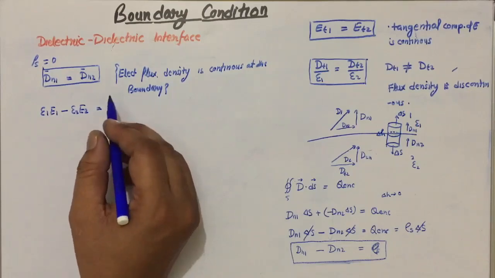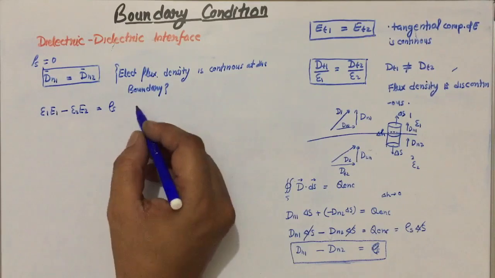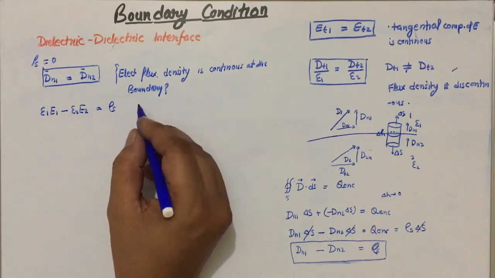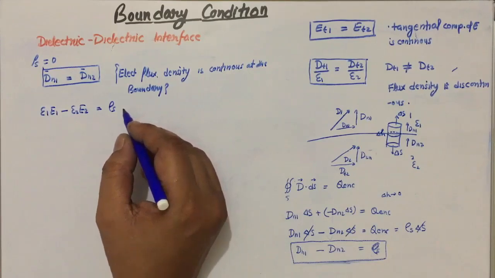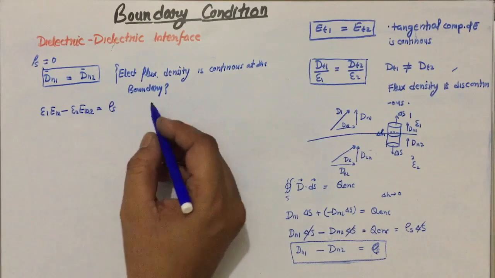So we can say the normal component of the electric field is discontinuous.